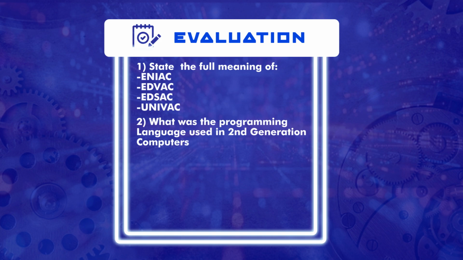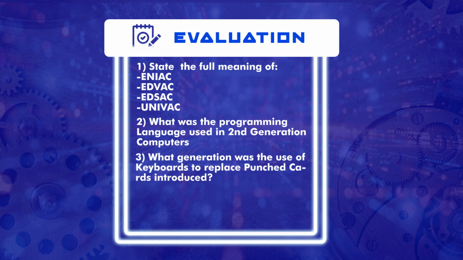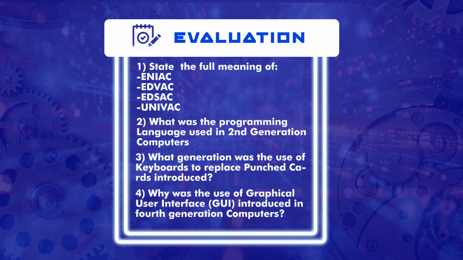The next question is, what generation was the use of keyboards to replace punch cards introduced? And the last question is, why was the use of graphical user interface introduced in 4th generation computers?